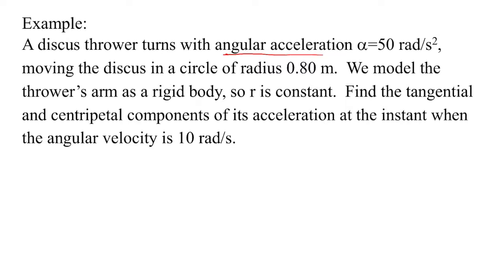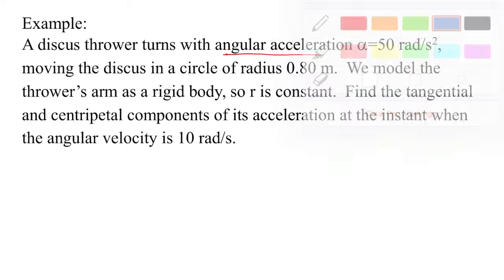Great, radius, angular acceleration, that's what we got. So we model the thrower's arm as a rigid body, so r is constant, always good. Find the tangential and centripetal components of its acceleration at the instant when the angular velocity is 10 radians per second.